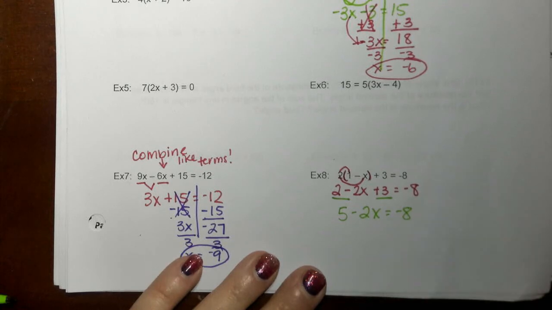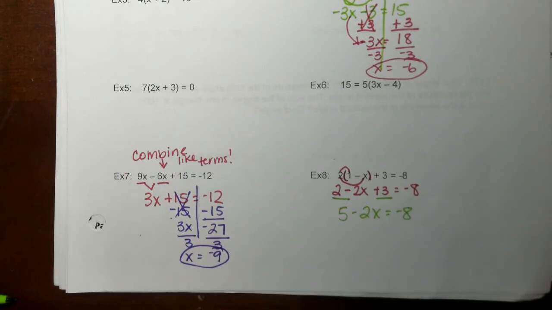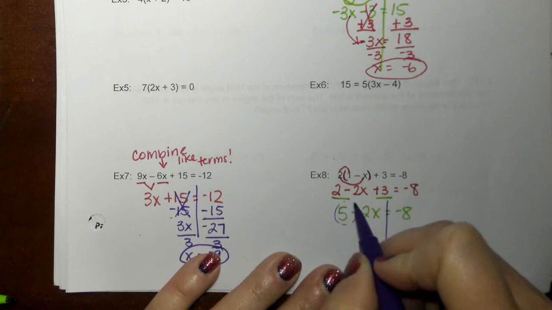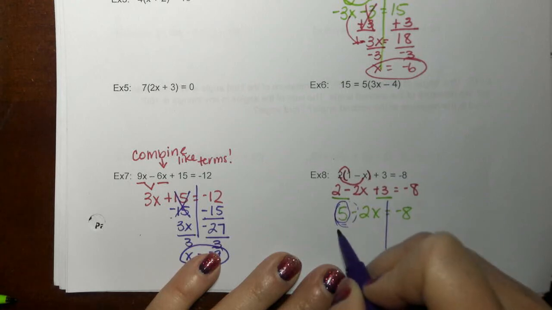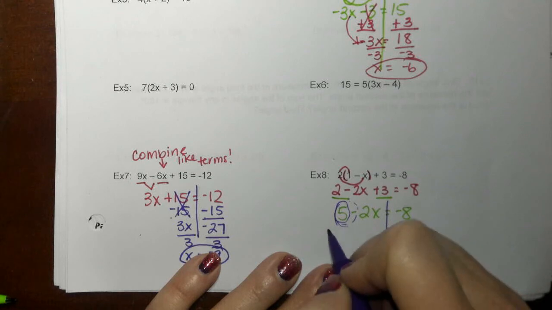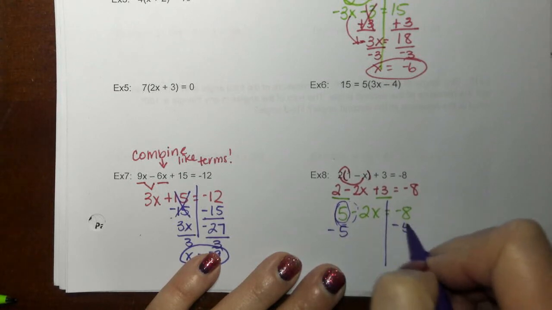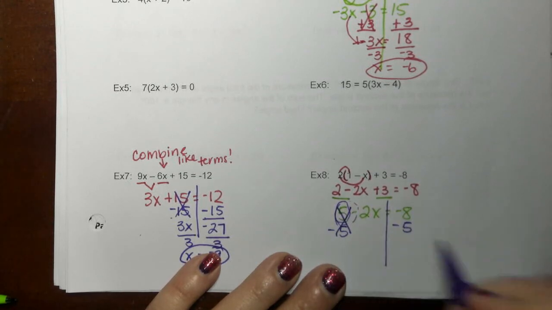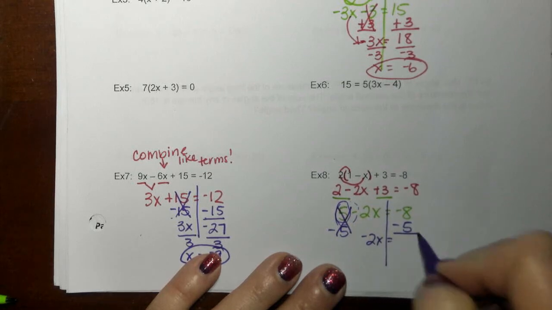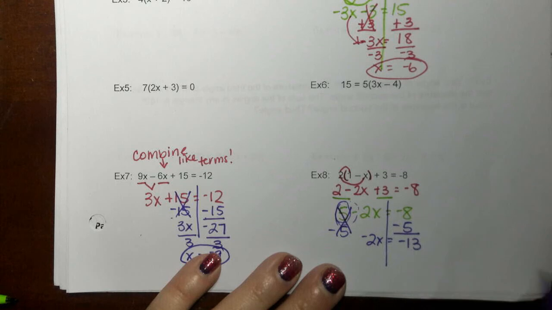All right, and now we have an equation that we can solve. We want to get this 5 off of this negative 2x first by subtracting 5 from both sides. That zeroes that out. We're left with a negative 2x equals negative 13.